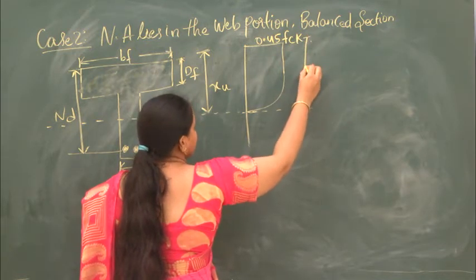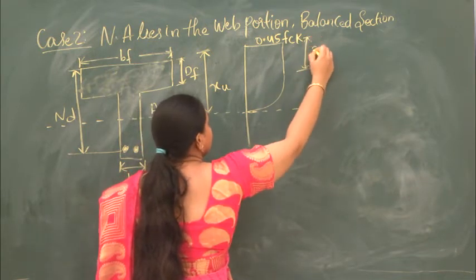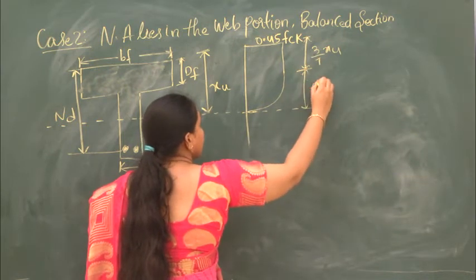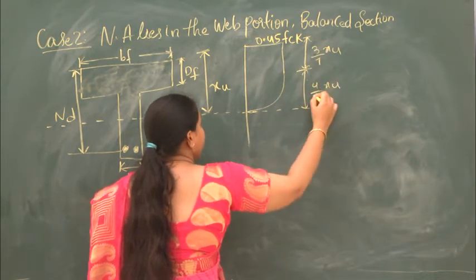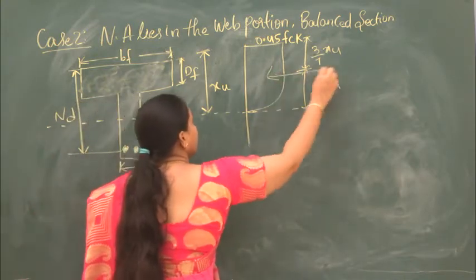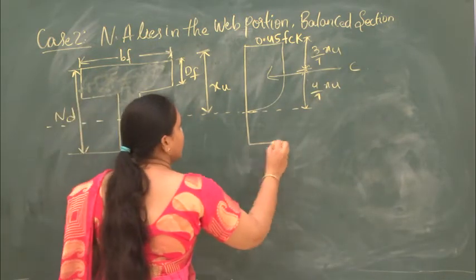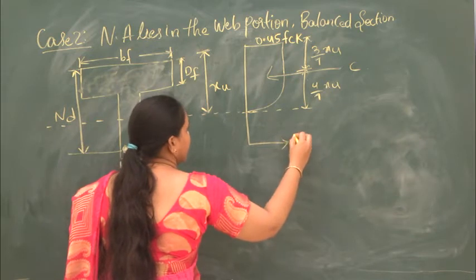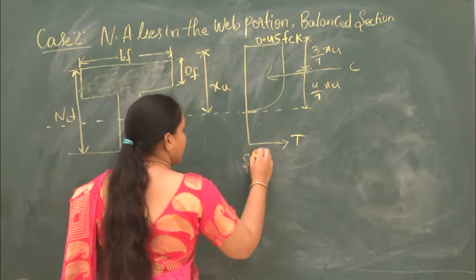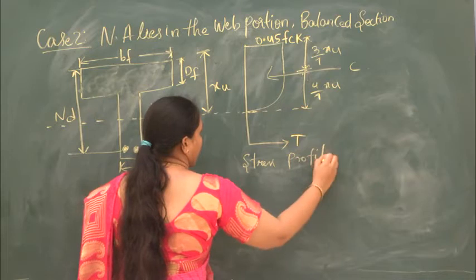The distance from this to this part is 3/7 XU, and the parabolic part distance is 4/7 XU, which we have previously calculated. So here you are going to have the compressive force C, and here you are going to have the tensile force T. So this is going to be our stress profile.